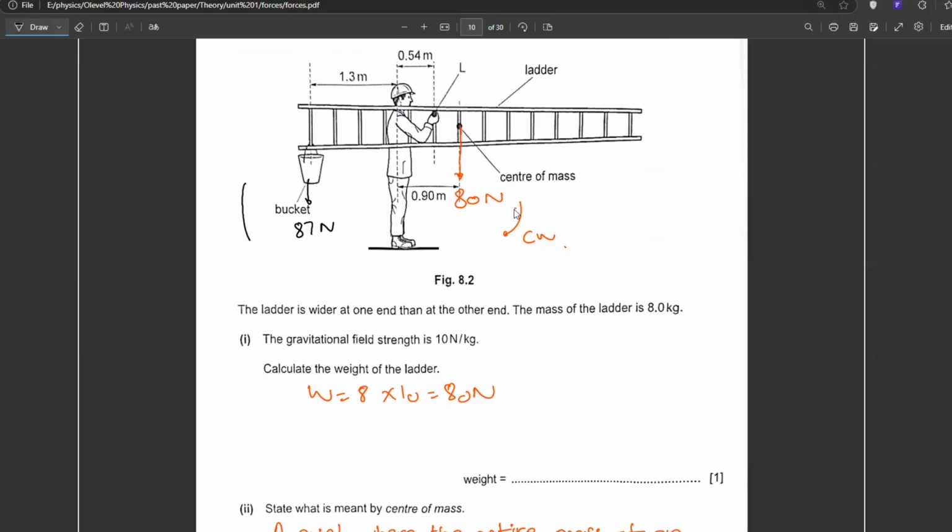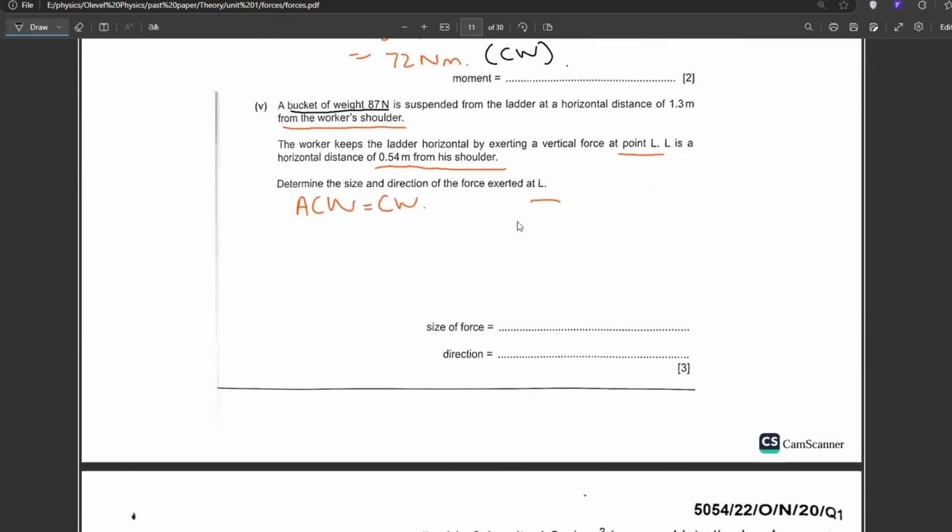So the anti-clockwise moments will be 87 into 1.3. This comes out to be 113.1 Newton meter. So these are your anti-clockwise moments: 113.1 Newton meter. The clockwise moments are 72 Newton meter.